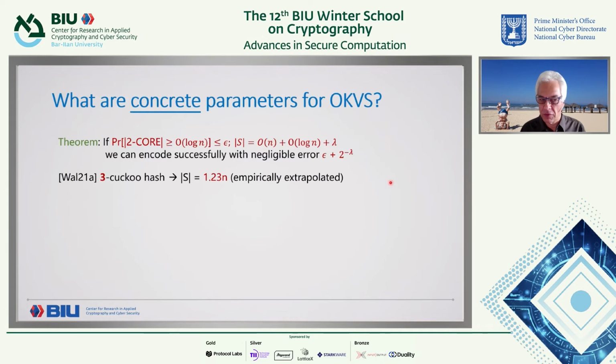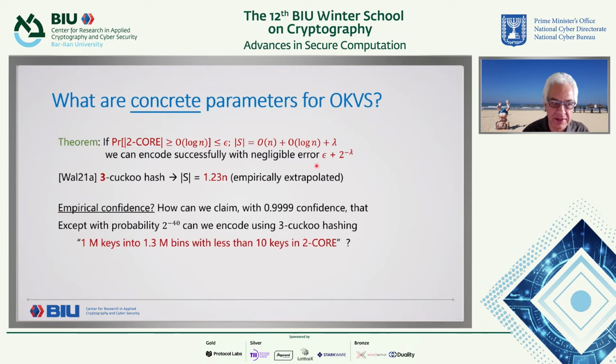So what we want to achieve is something like this. There's a very nice result from last year showing that 3-cuckoo hashing, if you map items with 3 hash functions to a table of size 1.23n, you succeed with very high probability asymptotically. Now we want to implement this. So suppose we want the failure probability to be this.